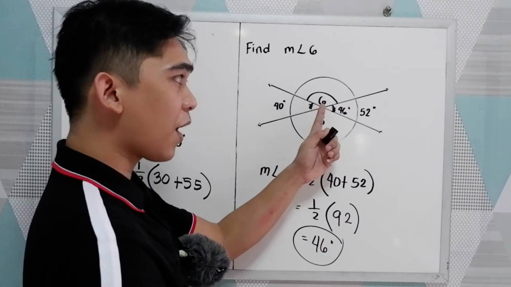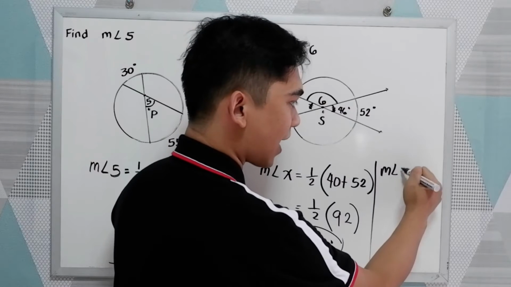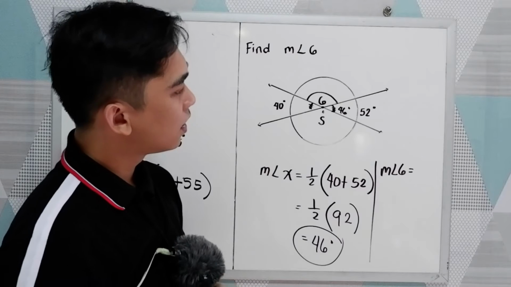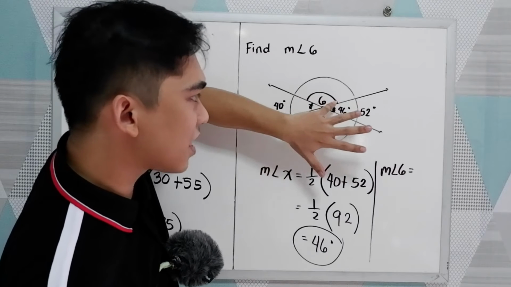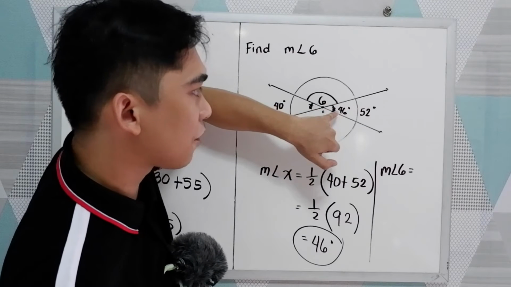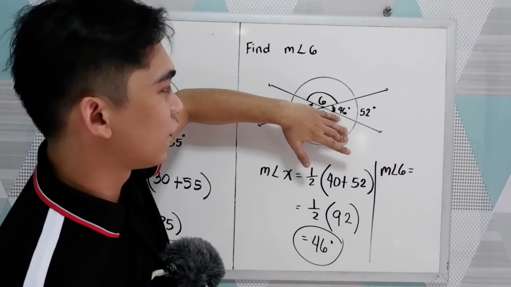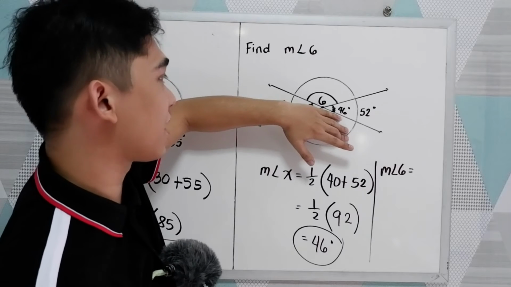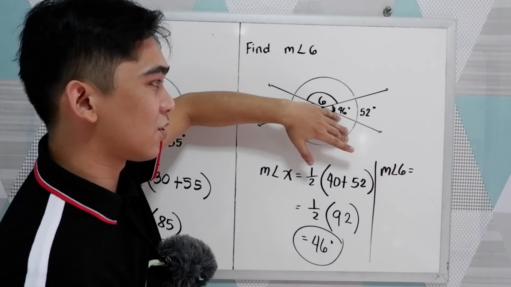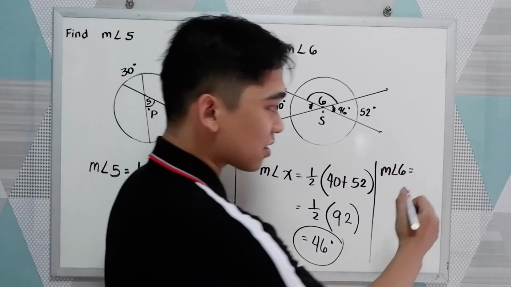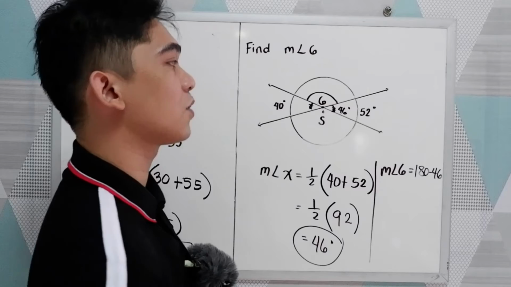We're going to find the measure of angle 6. Notice that angle 6 and the 46 degree angle lie in a straight line. In your grade 7 and grade 8 lesson, there are supplementary angles. So to get angle 6, we need to subtract 46 from 180.